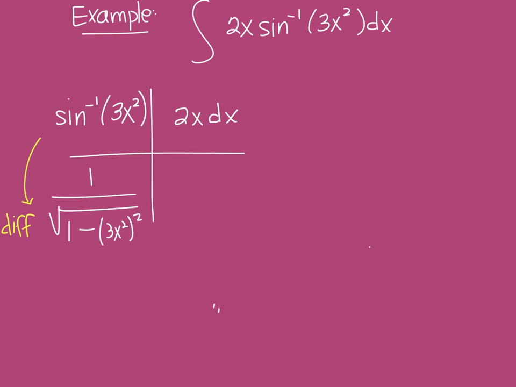Also times the chain rule. A couple of you got caught by that on your quiz this last time, so we still do have the chain rule. The chain rule applies to 3x squared, so that would give me the chain rule of 6x dx.